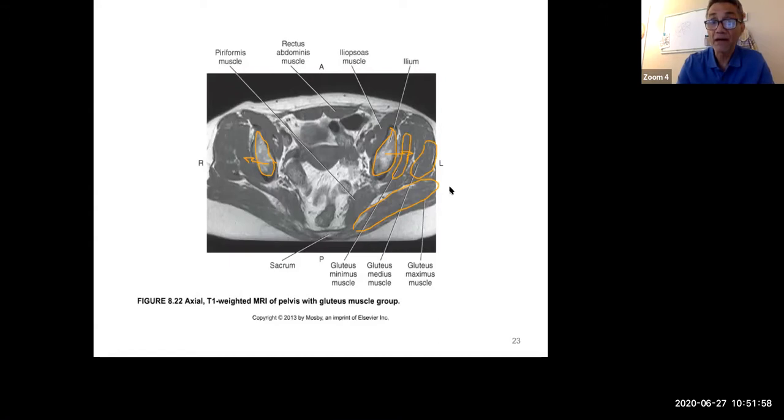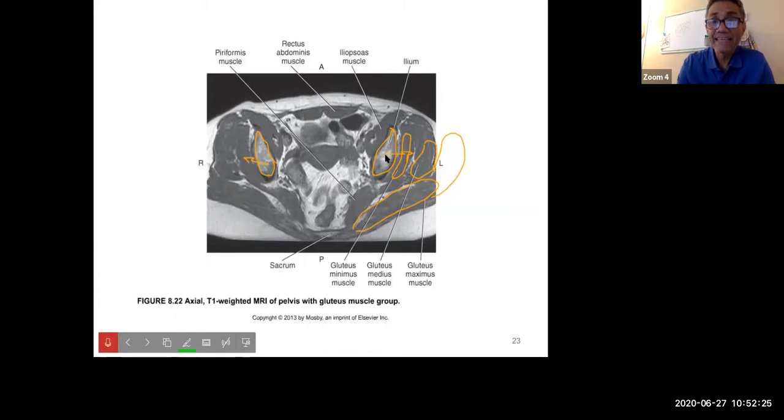So moving from outside toward inside in this direction, you will name them max, medius, minimus. If you start from the ilium, from inside, and move toward lateral, it will be minimus, medius, and maximus. So the max is still coming this way, guys, but it's cut off in this picture, correct?